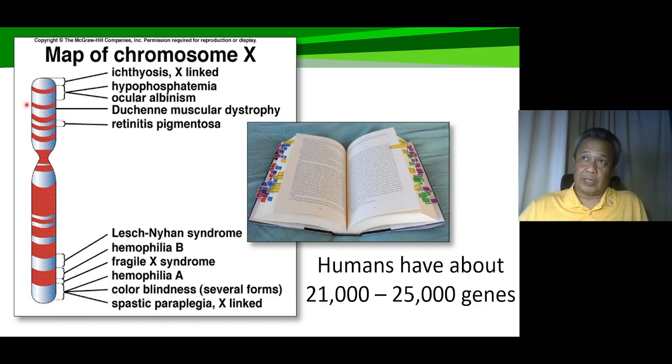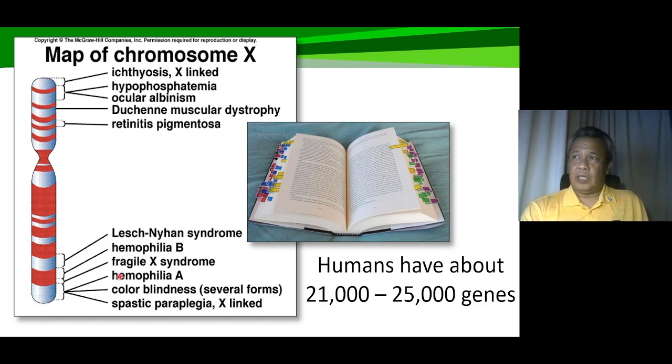For example, here you can see chromosome X. You want to be able to map, at the top, a gene for ichthyosis, a gene for Duchenne muscular dystrophy, a gene that causes retinitis pigmentosa, which is a kind of eye disease. I don't know whether you've heard of Fragile X syndrome. So basically you're trying to map the position and the function of the gene. That's the whole idea of the Human Genome Project.